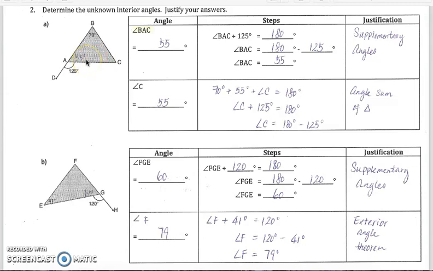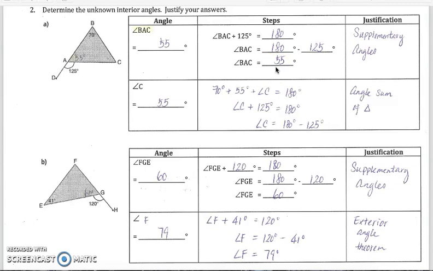We see that angle BAC is right next to 125 degrees and they make a straight line. So angle BAC plus 125 is 180 because of supplementary angles. So we subtract 125 from 180 to get angle BAC equal to 55 degrees.